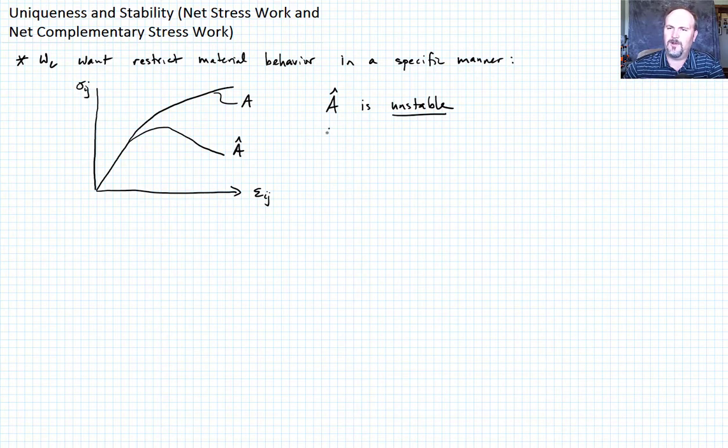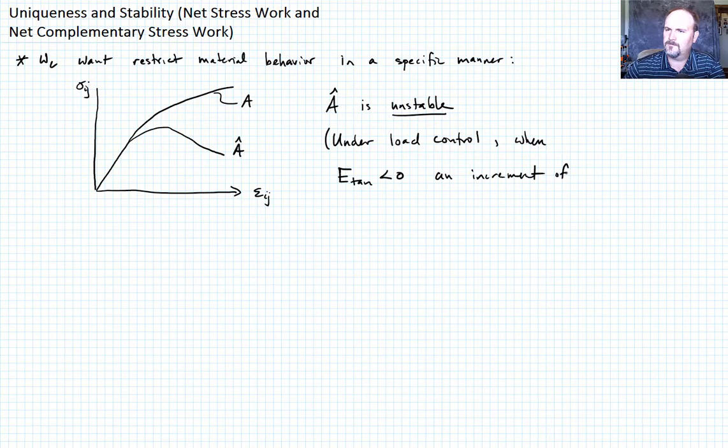So what I mean by this is that under load control, when E tan is less than 0, so when we have a negative tangent modulus, an increment of stress gives an uncontrolled strain.